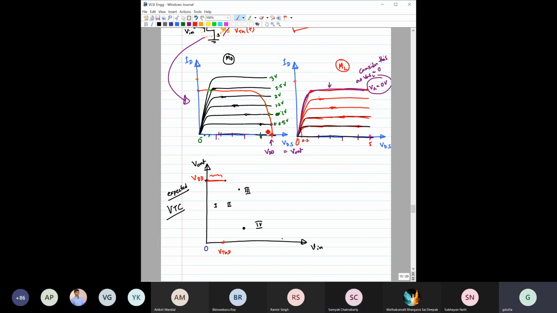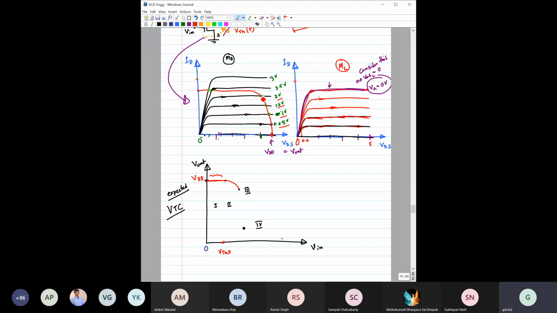Right. Okay. So after that, we are changing VG. That means we are changing this one, right? So we are still in this region. So here you can see, as we are increasing this VG or input voltage, the change in output voltage is not that significant. So it would be something like this, right?